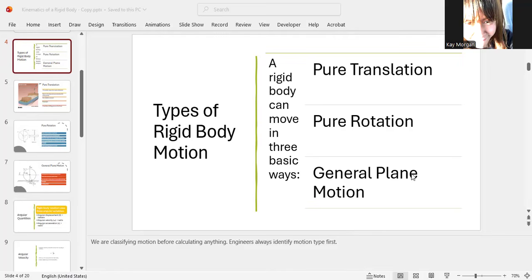Each motion type uses different relationships and different equations. That's the reason why the types of rigid body motion are extremely important. If you classify the motion correctly, the rest of the problem becomes much easier to handle.